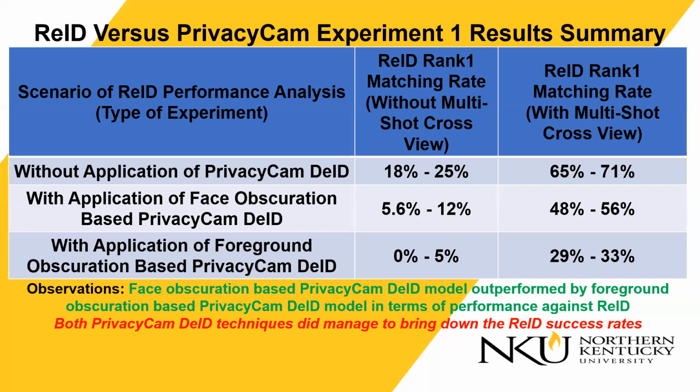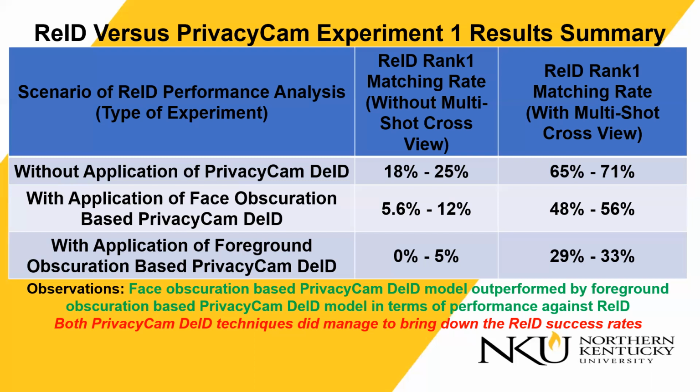And what these observations tell us and overall summarize is that the face obscuration based Privacy Cam DeID model is obviously outperformed by the foreground obscuration based Privacy Cam DeID model, which is kind of intuitive. But what is important here is that we can see this clearly in the results when we use this proposed ReID based validation approach.